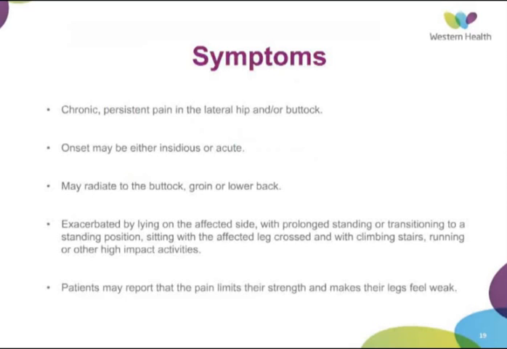It normally gets worse if the patients lie on the affected side, if they stand for a long period of time, if they change from sitting to standing, or if they sit with the affected leg crossed. When they go upstairs, run, or do high impact activities, these things also aggravate the pain and the symptoms. They also may complain of reduced strength, and they may say that their leg feels weak.